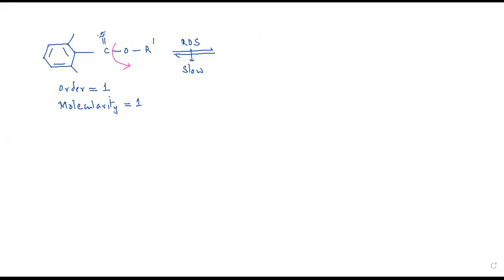As I said here, I think you can see you don't have this reaction, this step. Now the simple thing that has happened is bond is broken between the acyl group and the oxygen.